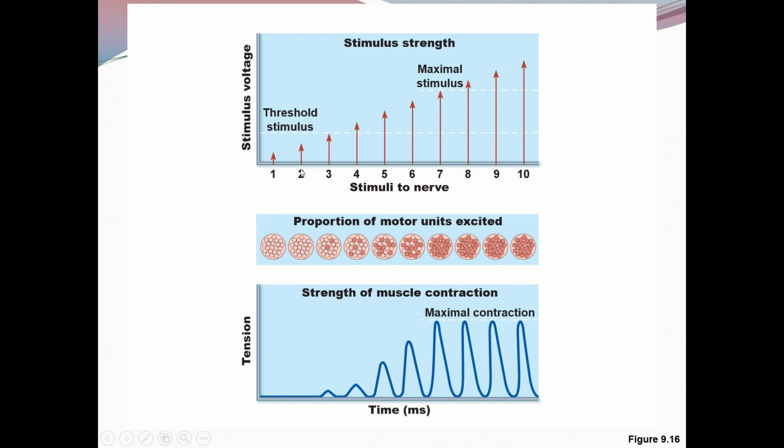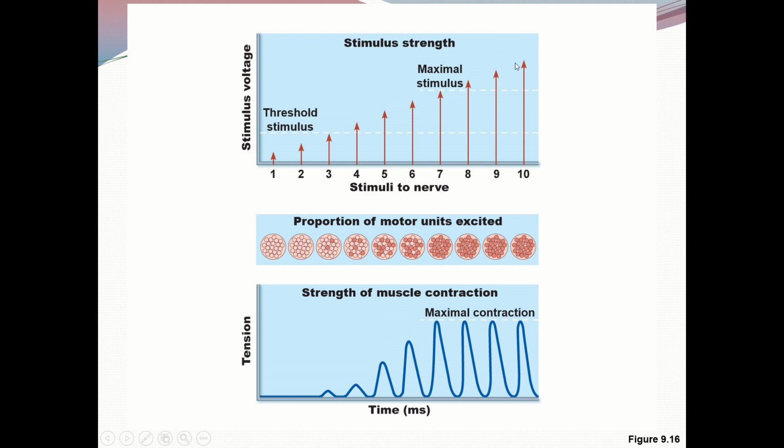So here you can see at the very top, the stimulus threshold 1, 2, and 3 don't reach the stimulus. 3 is almost there, but we're not going to see muscle fiber twitch until 4. So you've got to pass that stimulus threshold in order to initiate the motor units that are going to really cause any noticeable movement in muscle contraction.